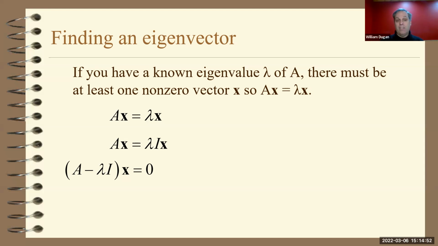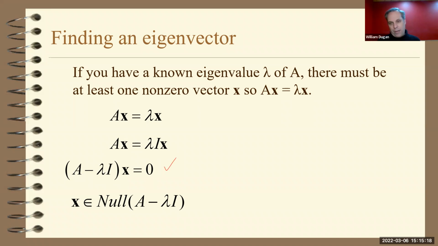Since the vector x solves the equation of the matrix times x equals 0, that means x is in the null space of that matrix. Since we know x is a non-zero vector, by the equivalence, there is more than one solution to this homogeneous equation. That means the null space is non-trivial.